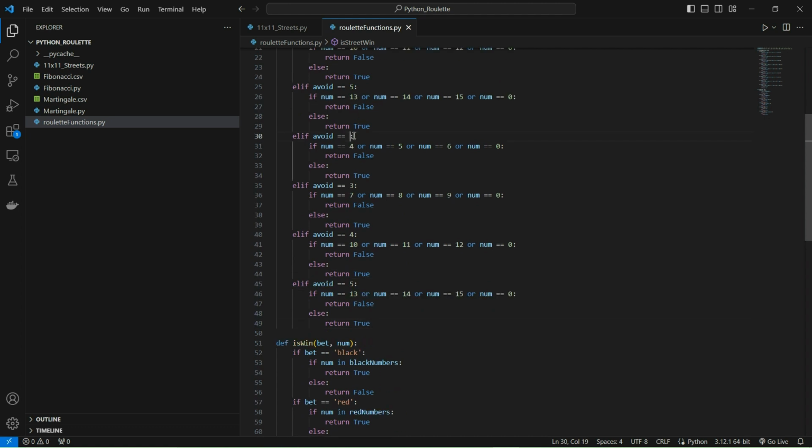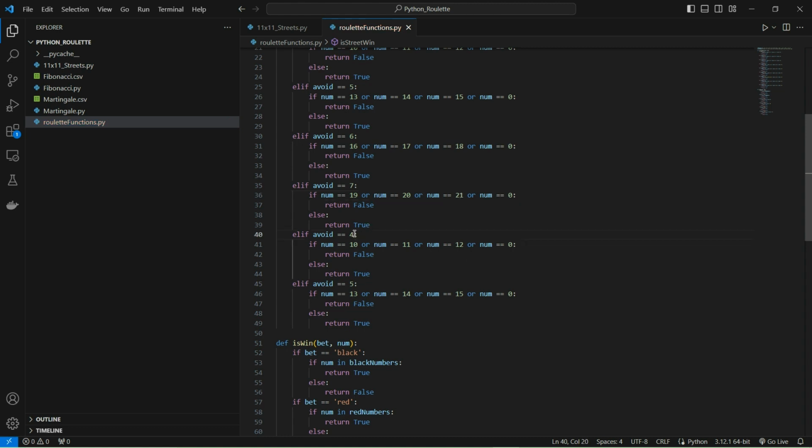If it is 6, 16, 17 and 18. If it is 7, it is 19, 20 and 21.